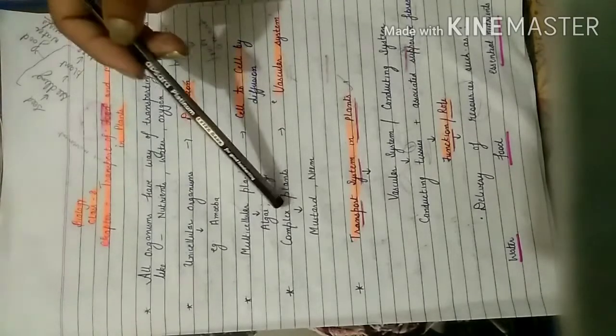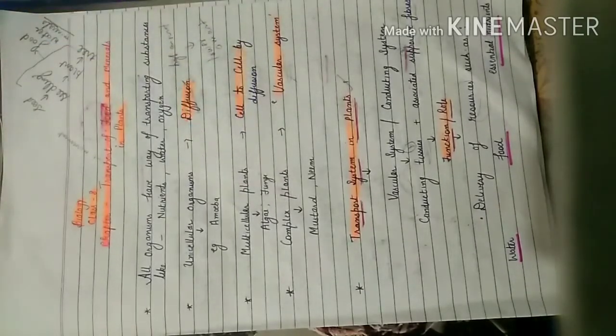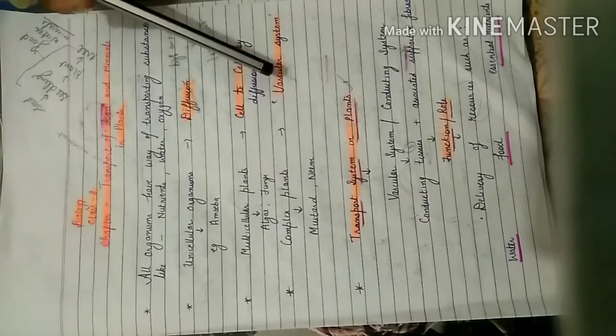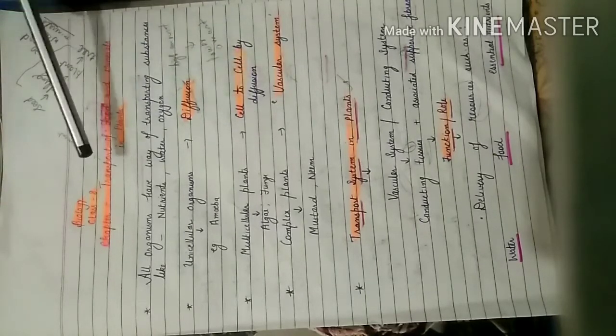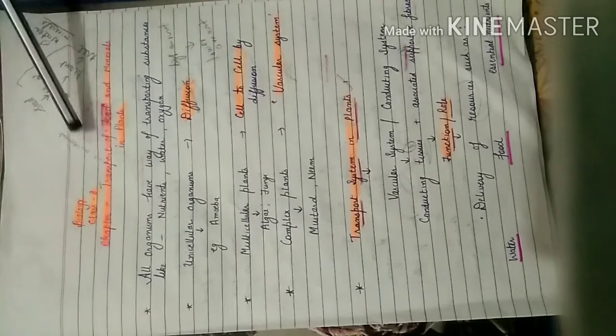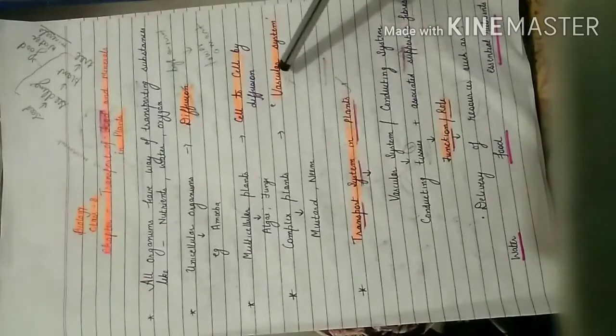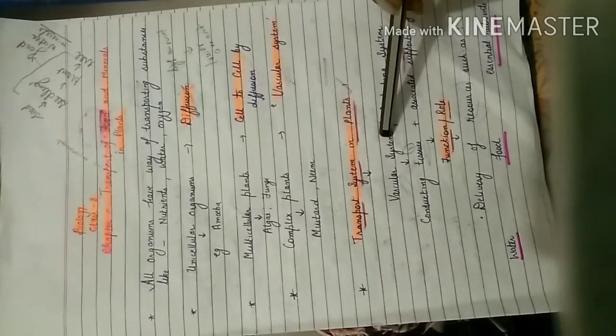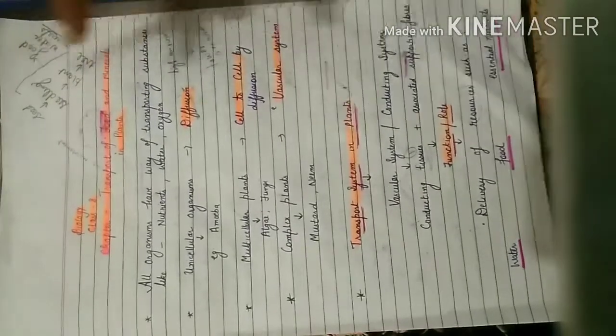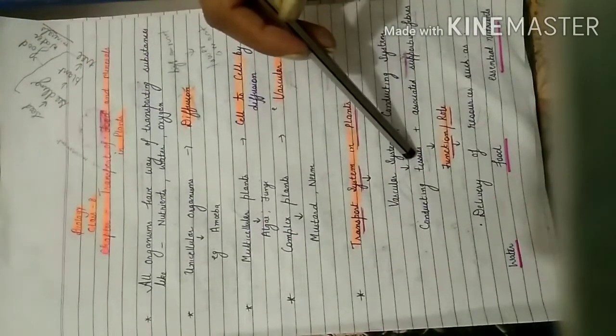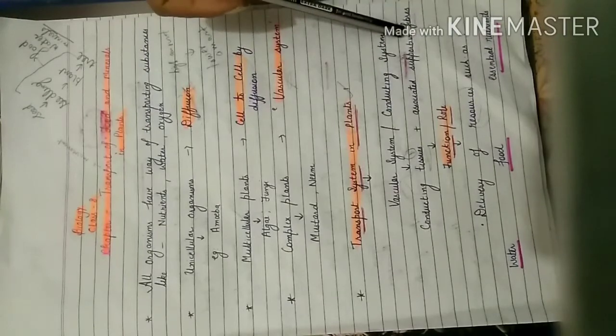Then in higher plants, what is present there? A specialized system is present which is needed for the transport of food, water, and minerals in plants. This system is named the vascular system. This system consists of two things. First is tissue, then the fiber.